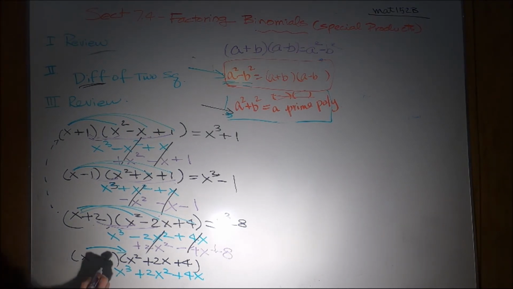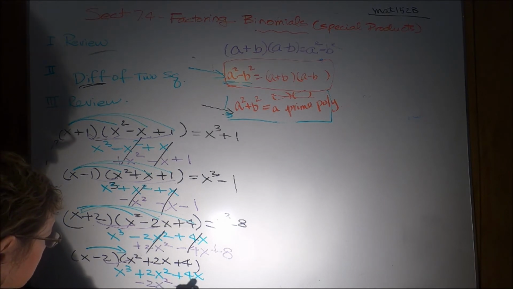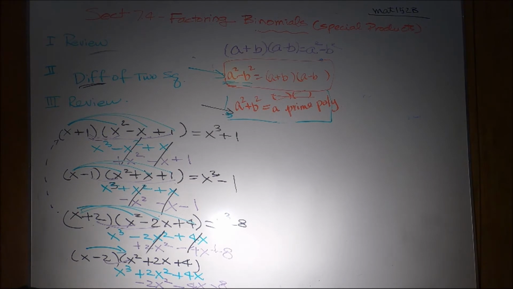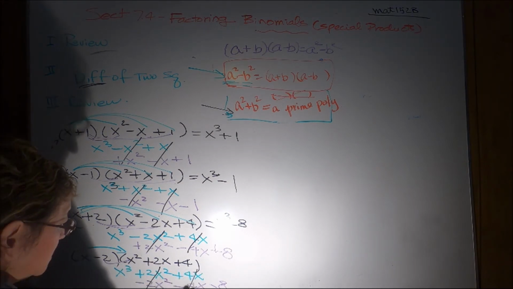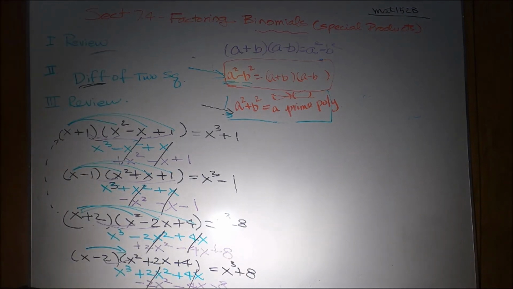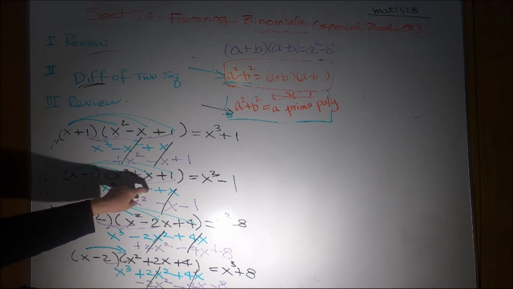The bottom one here becomes minus 2x squared minus 4x minus 8. So same thing, we cancel out, we end up with what? Plus 8. Binomial. How come it happens this way? Because the middle part cancels out. However, sometimes we have 2, sometimes we have 4, sometimes we have 1.